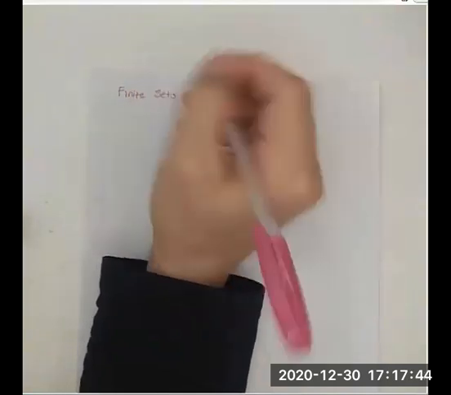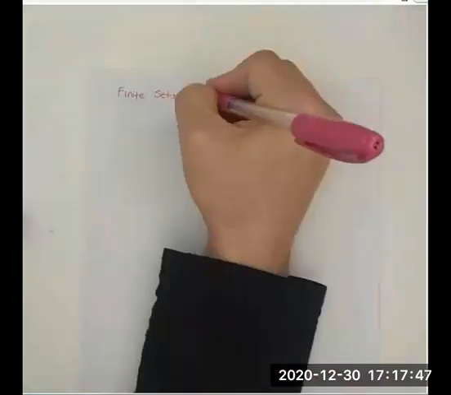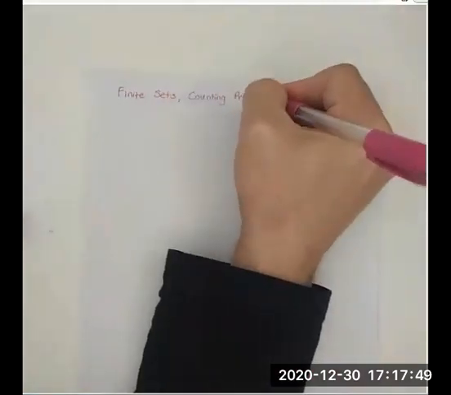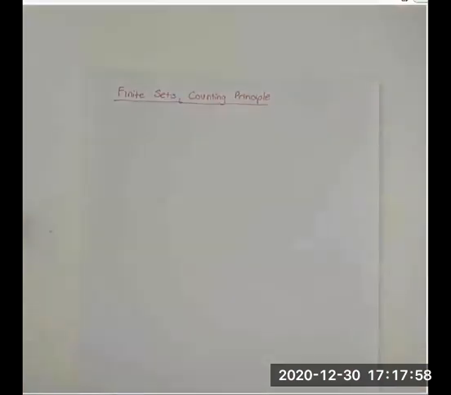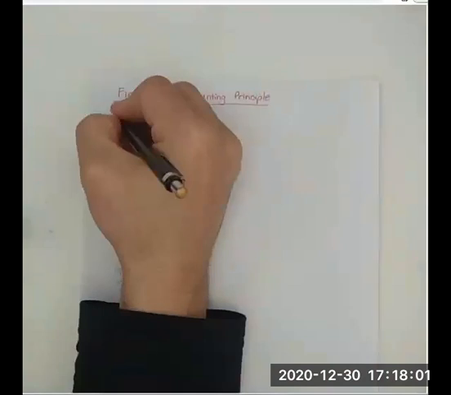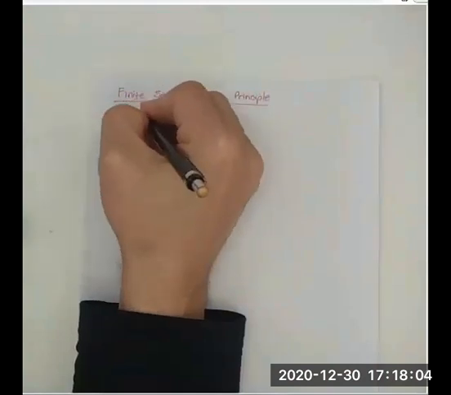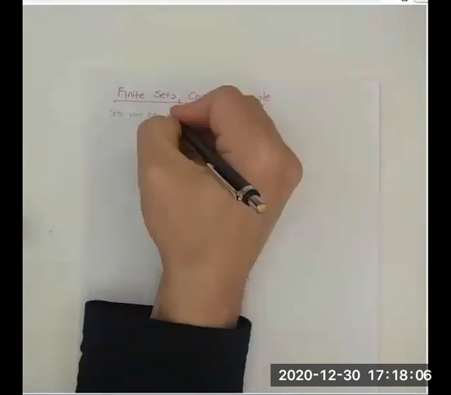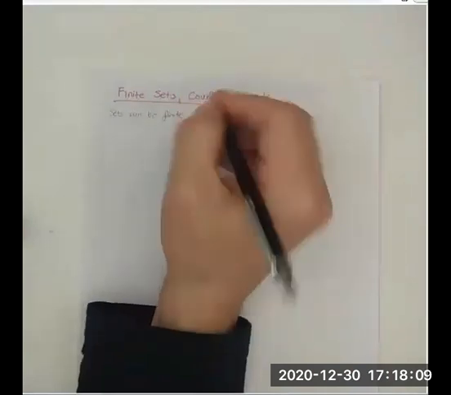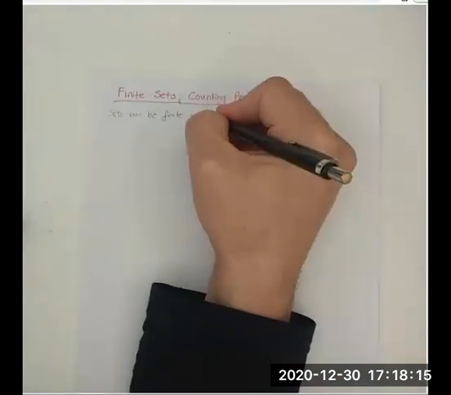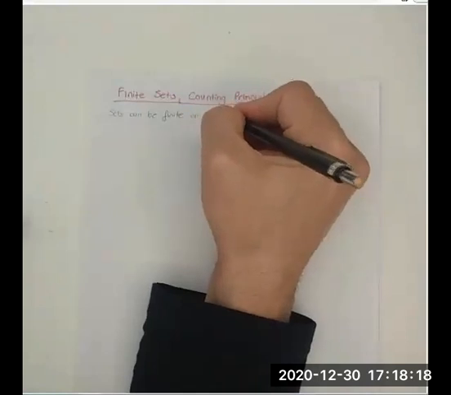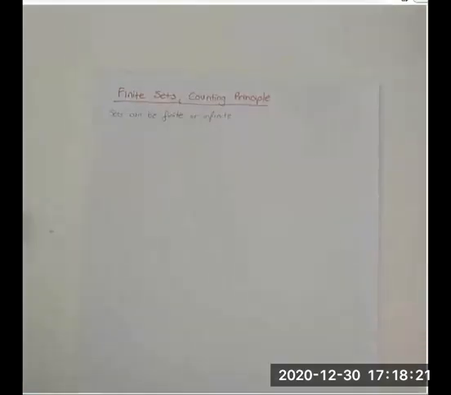Sets, of course, can be finite, there is a boundary for the elements, or infinite, right? There are two possibilities for sets.